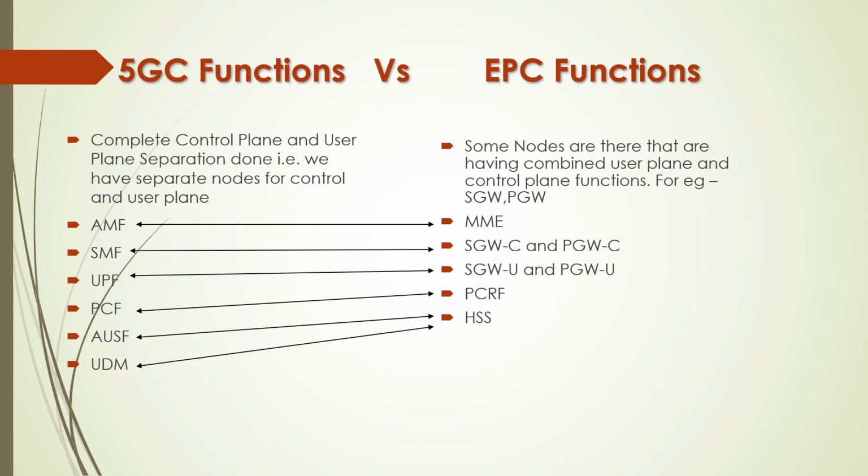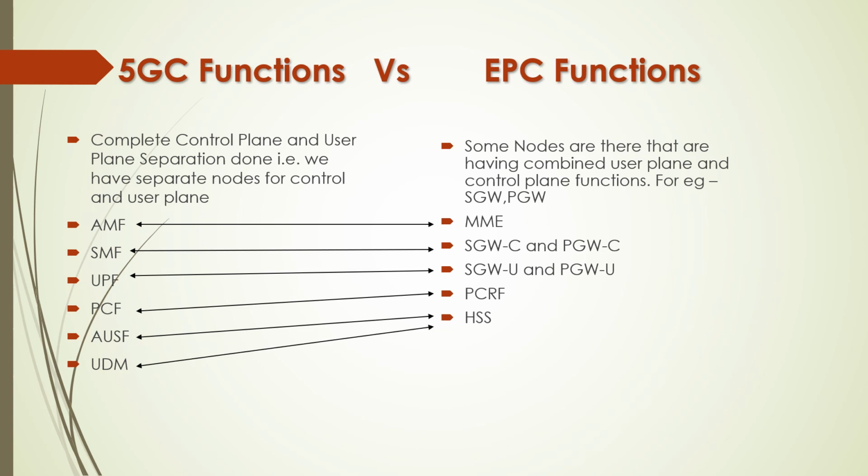Now comparing the network functions. The AMF can be compared to the MME in the EPC. AMF is performing the function which MME used to perform in the EPC. Then SMF can be compared to the S gateway C and P gateway C functions. SMF performs the same function which the S gateway control function and P gateway control function used to do.